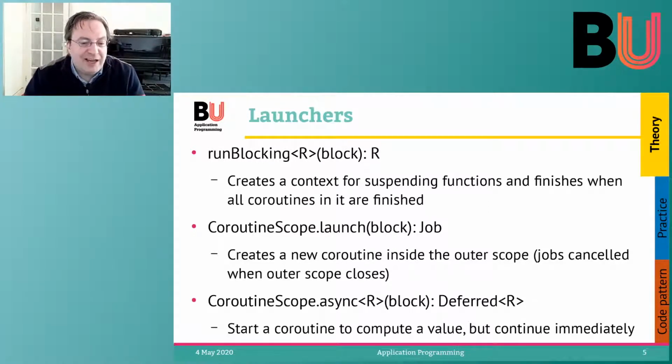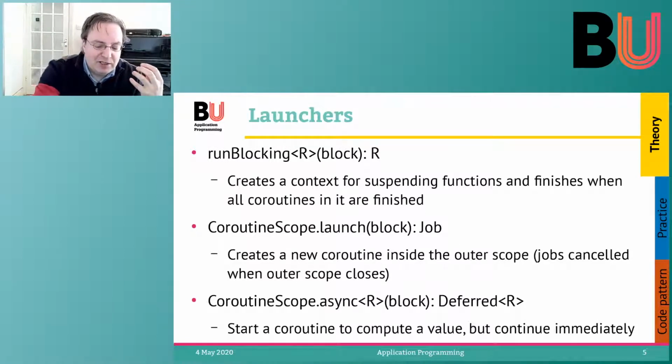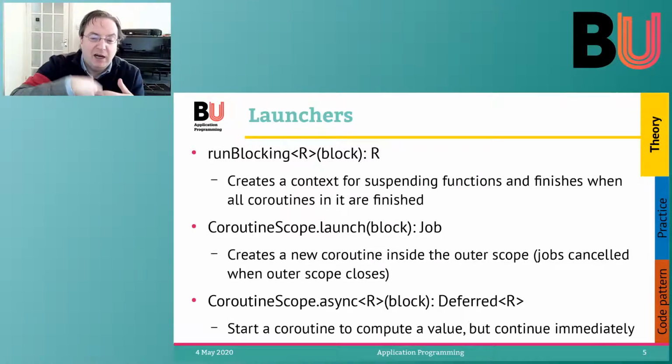Then there is the async function, which is a little bit separate, and I will come back to that later. Async allows you to start a computation but defer it, and get an object that gives you the value. It basically says, okay, get started on this, and when I really need you, I will ask for the value.